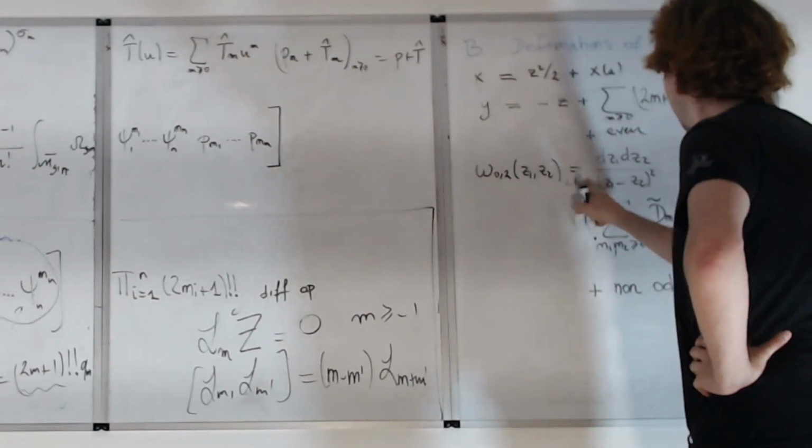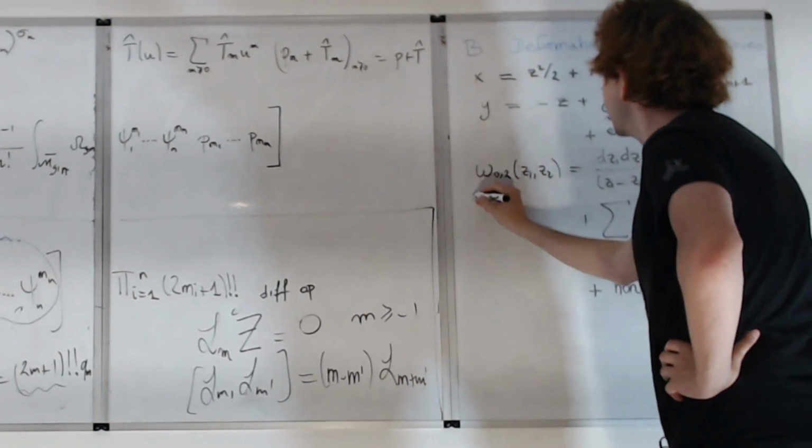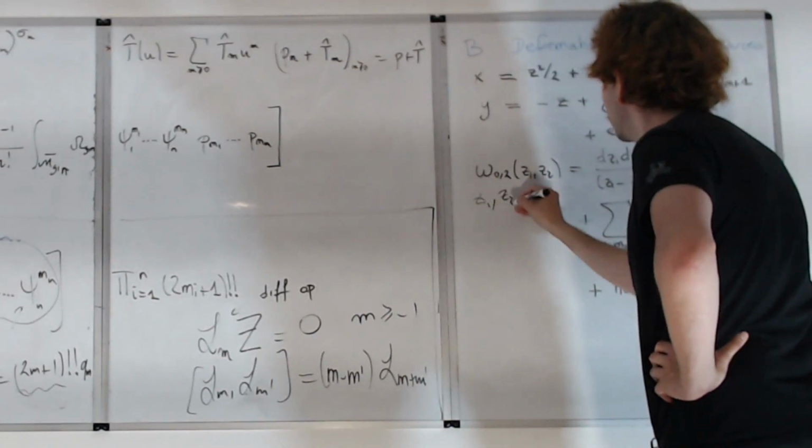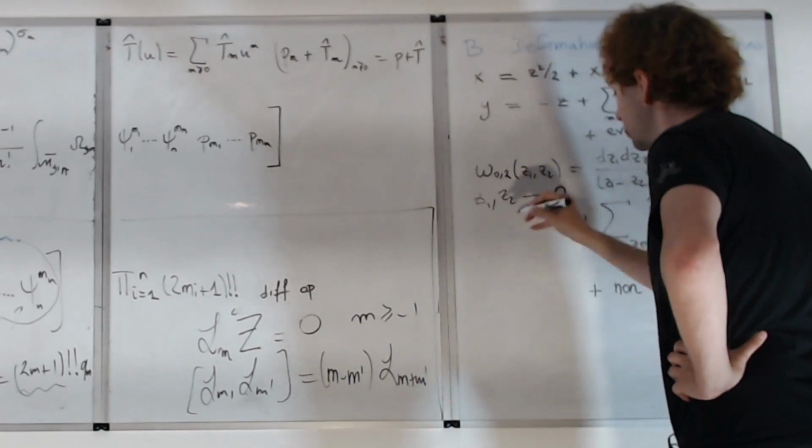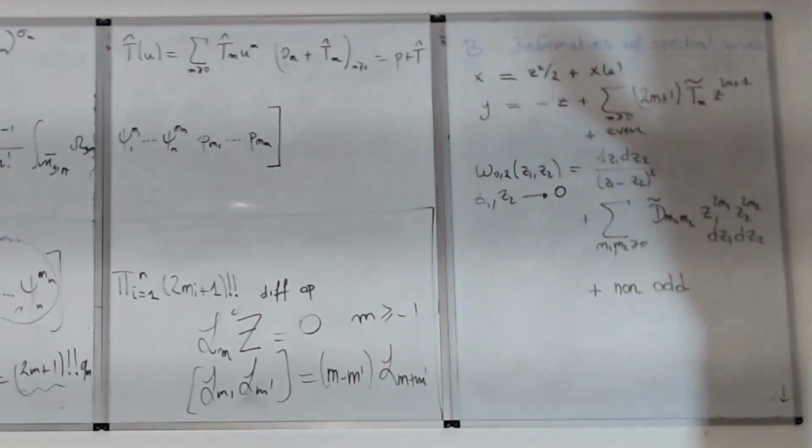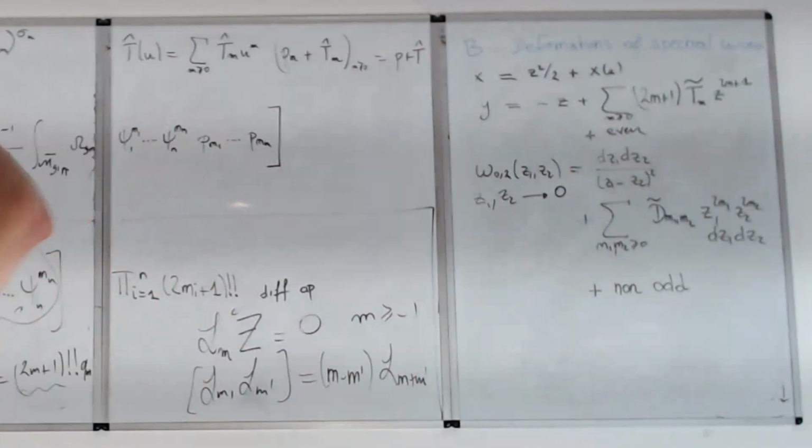Here, it's z1, z2 go to 0. I only need the expansion near the ramification point.